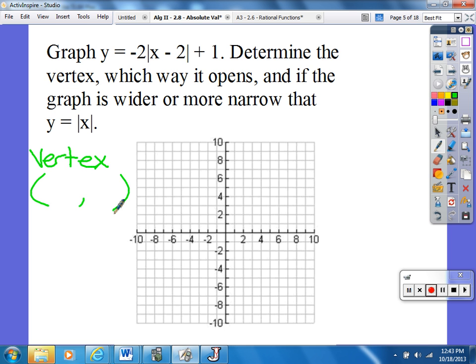Now, that vertex is the starting point of the V. Now, since it's -2, that's actually going to move it where? To the right. And the +1 will move it up. So, if I move to the right 2, that's a +2, right? And the 1 will stay the same.